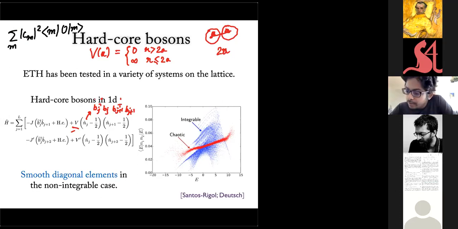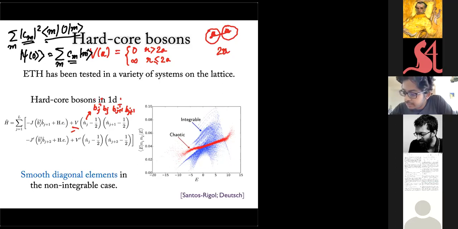And this had memory of the initial conditions, because your initial state at t equals 0 is given by the C_m. So this has the memory of the initial state.